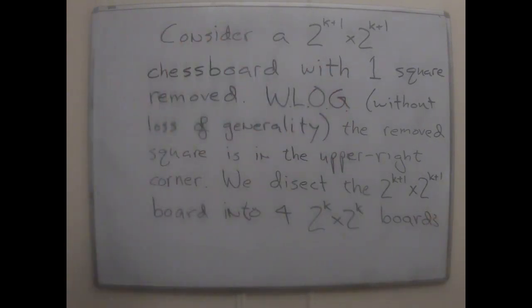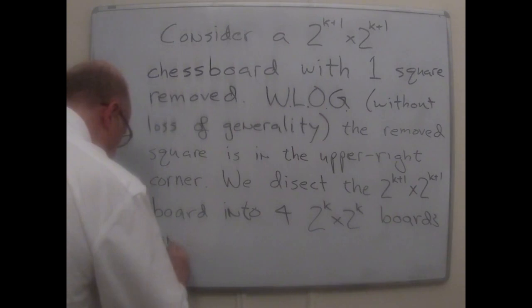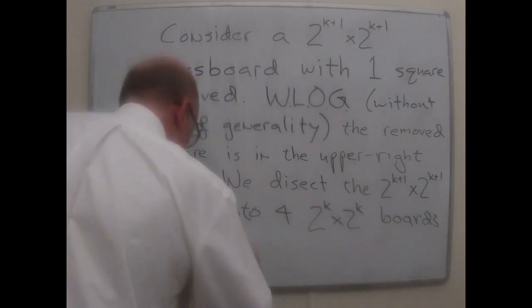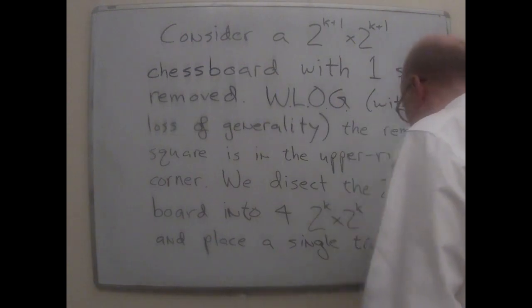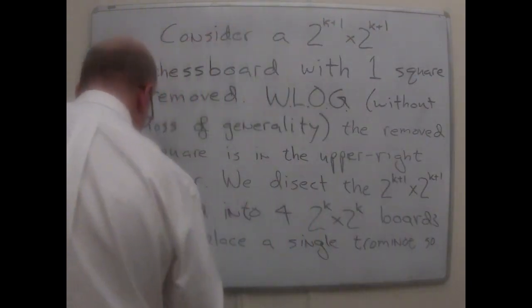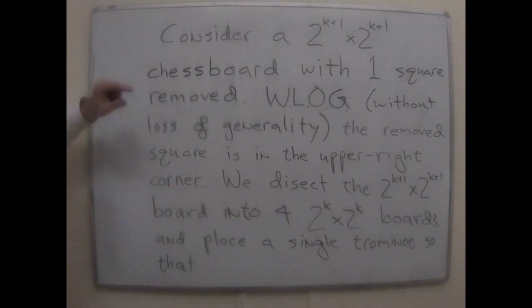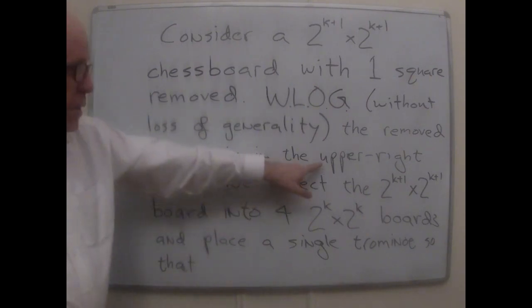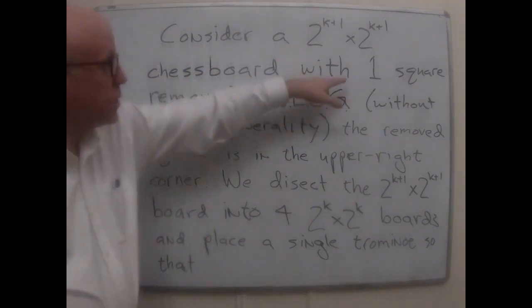And place a single tromino in a certain orientation at the point where they all meet. How does this single tromino work? We saw it a second ago when I was working the example. It's got to cover one square in each of these subboards that we're using, except for the one place in the upper right where we've already got a missing square from the original presumption that there was one missing square in our full-size board.